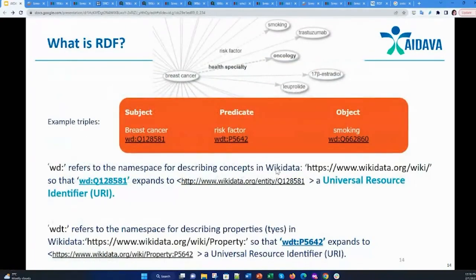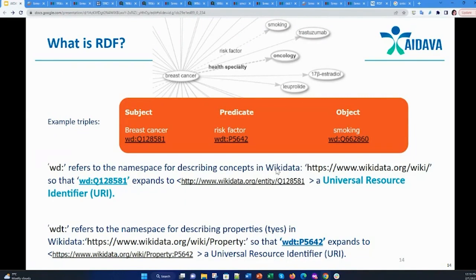Let's come back to the example with breast cancer and risk factor smoking. We can consider this as a triple in our graph where breast cancer, the first object, is called the subject.